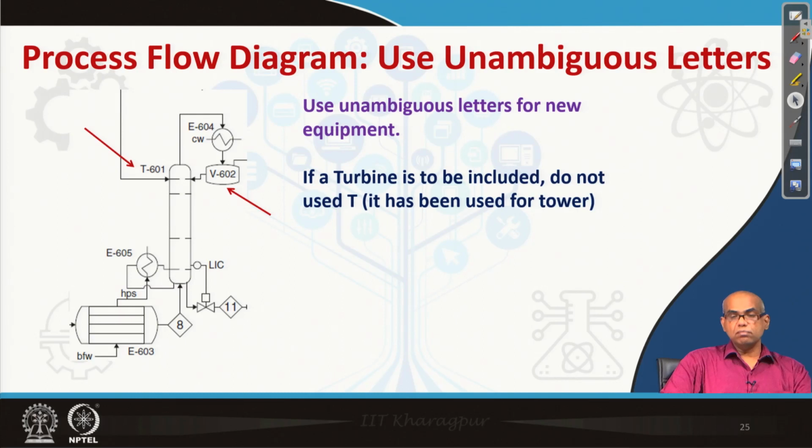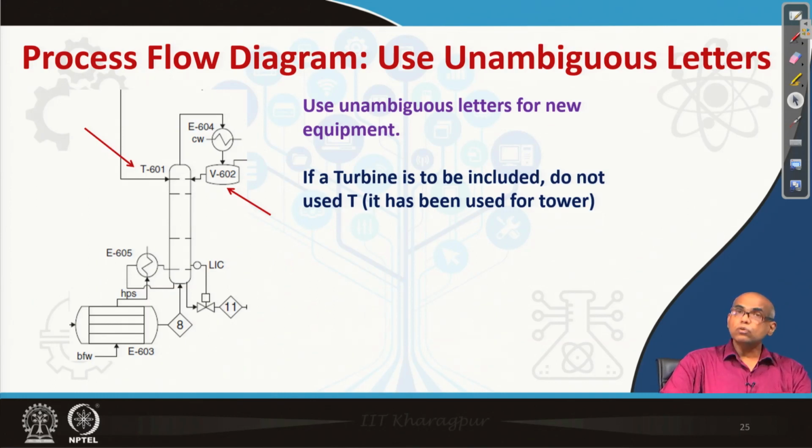In a process flow diagram, always use unambiguous letters. Look at the part of the process flow diagram. Suppose a turbine is to be included in the process. So, we should not use symbol T for turbine. Normally, we use C for compressor as well as turbine, but T is already used for towers.